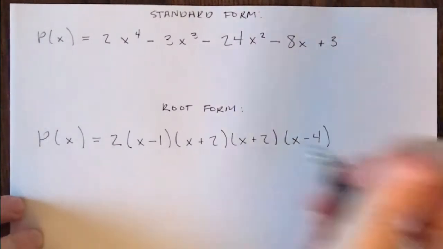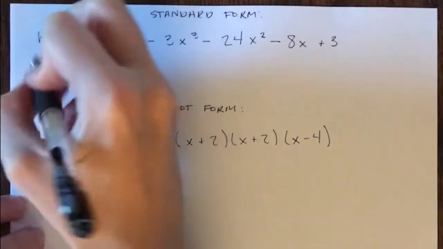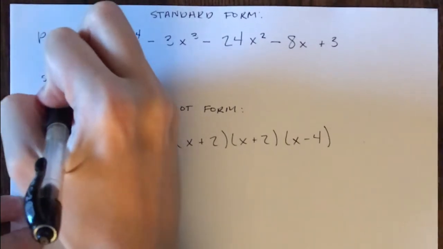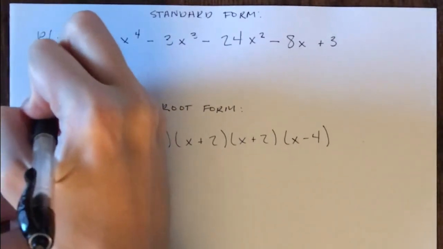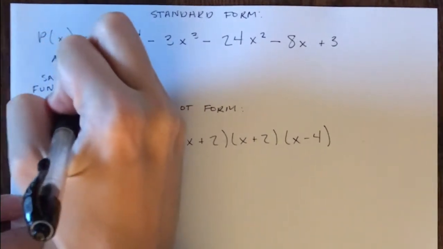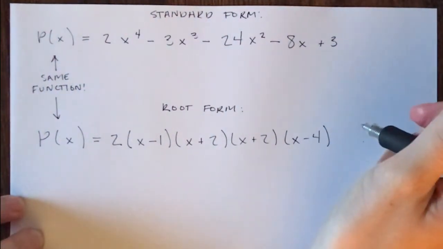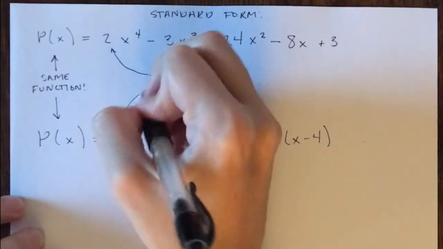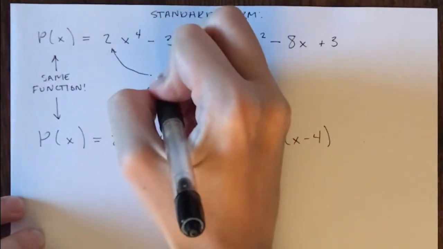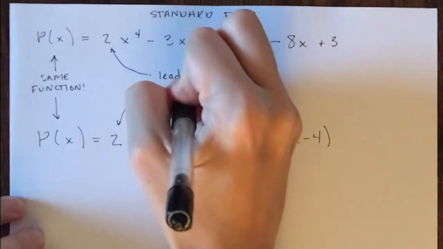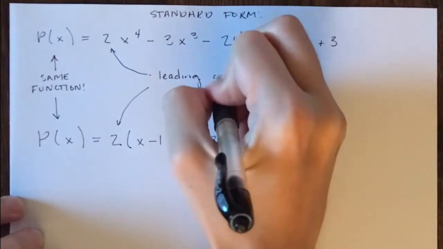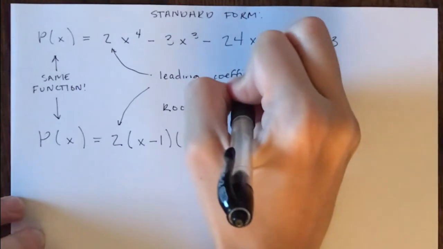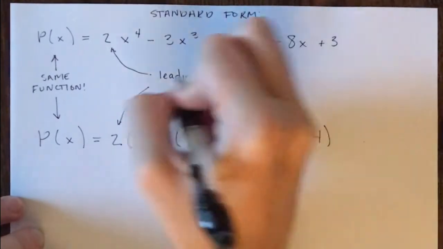Okay, so again, these are the same function. We don't have to know yet how to find the root form from the standard form. We will learn about it later in the semester, but right now you don't have to worry about that. I would like for us to notice that the leading coefficient is the same.